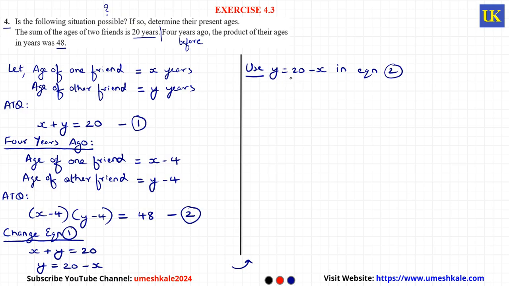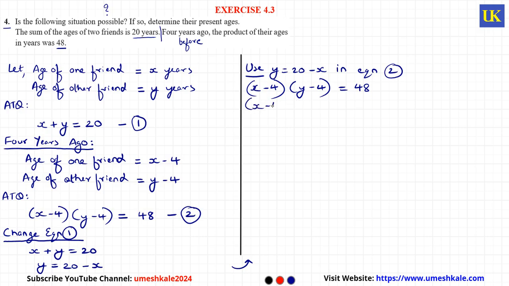So equation 2 is x minus 4 into y minus 4 is equal to 48. This is our second equation. So instead of y we will put 20 minus x here.